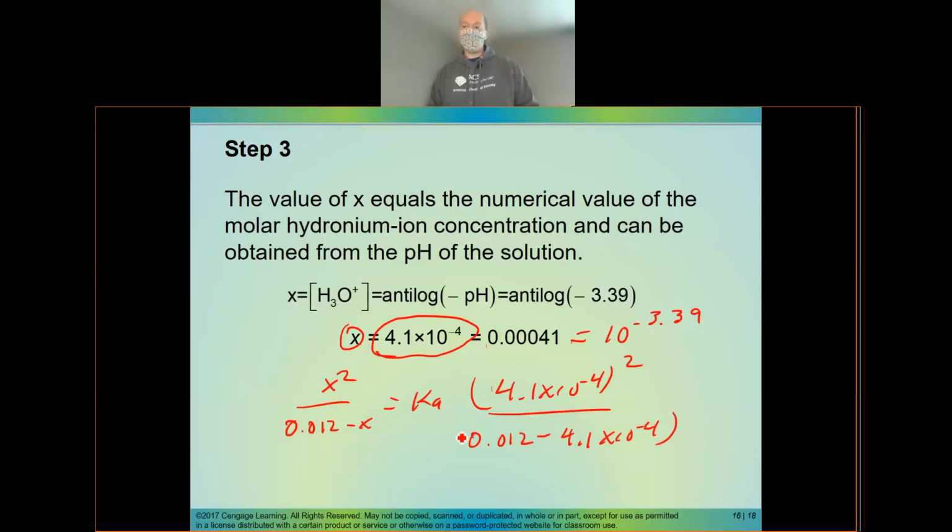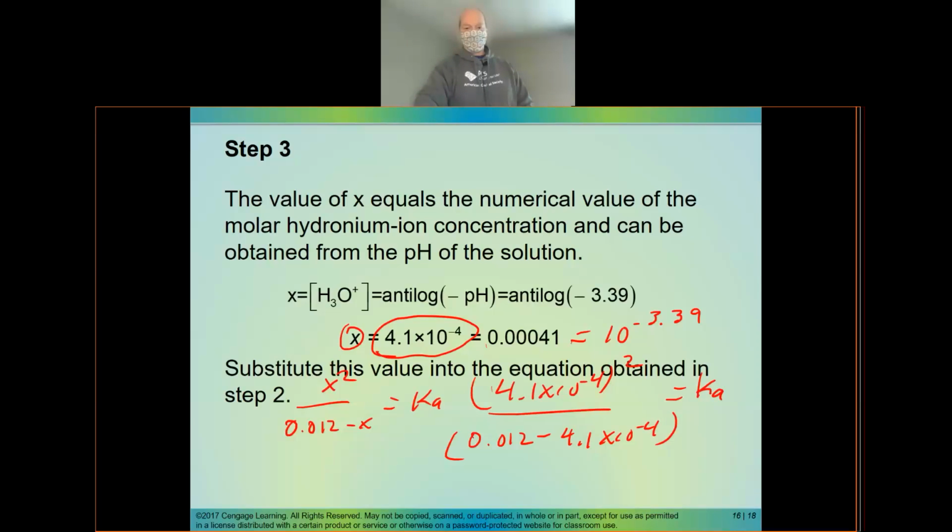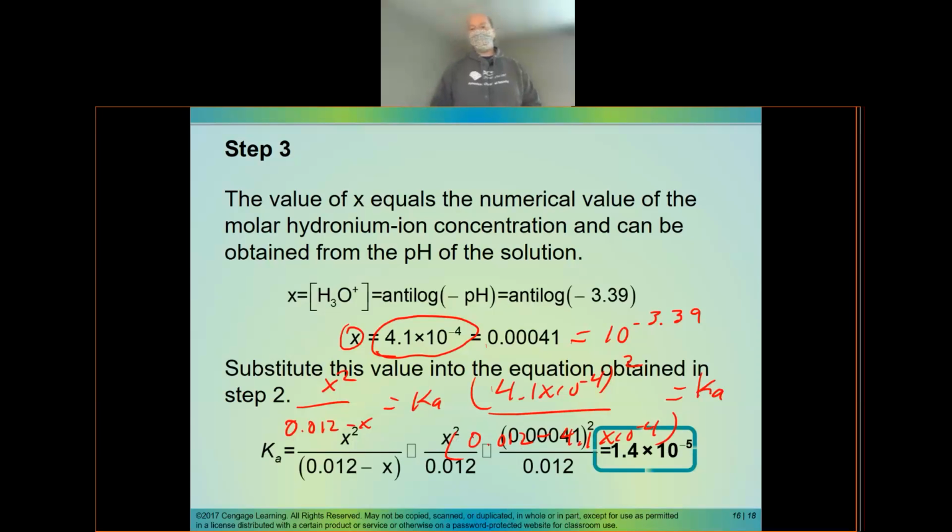And you just push the buttons on your calculator, and you have your answer for Ka. And that is 1.4 times 10 to the minus 5. And so your answer for Ka, when you put those numbers in, is 1.4 times 10 to the minus 5.